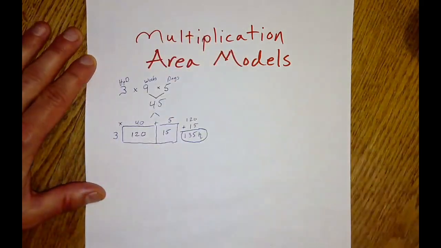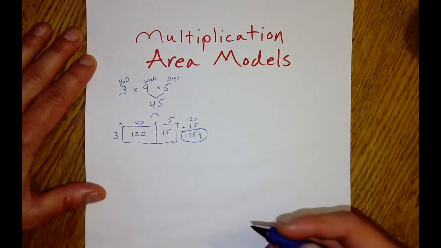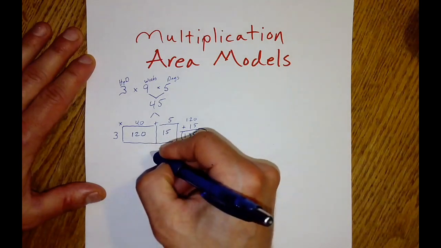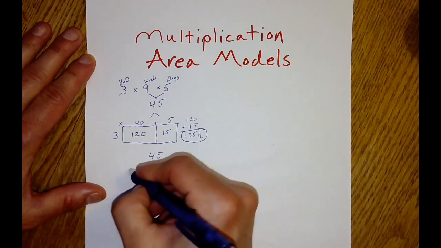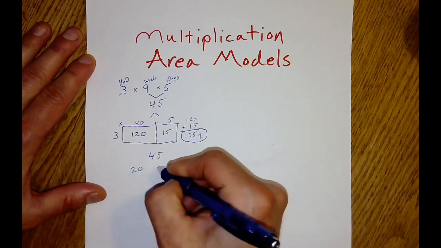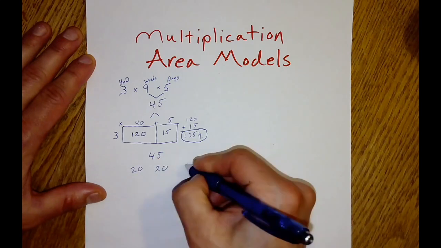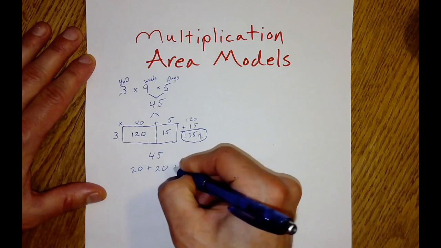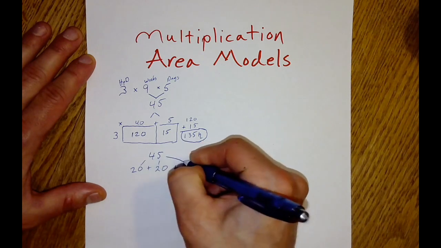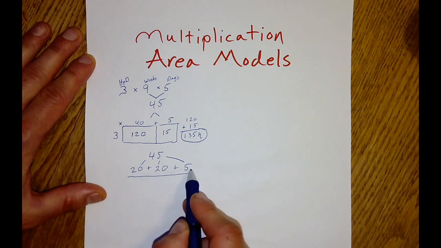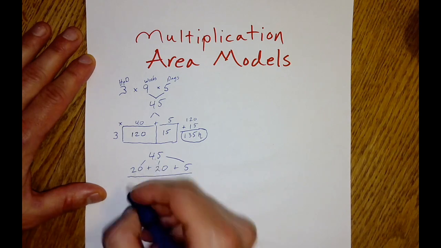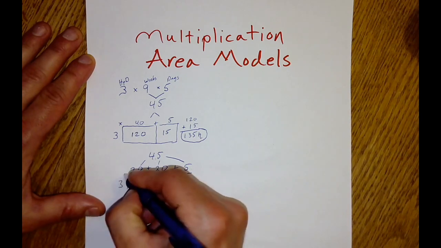That is certainly not the only way to do this problem. I might also choose to take that 45 and decompose it a different way. Offhand, I'm thinking a 20, and a 5. There's my first 3 factors made from this initial factor, multiplied times 3 on the other dimension.